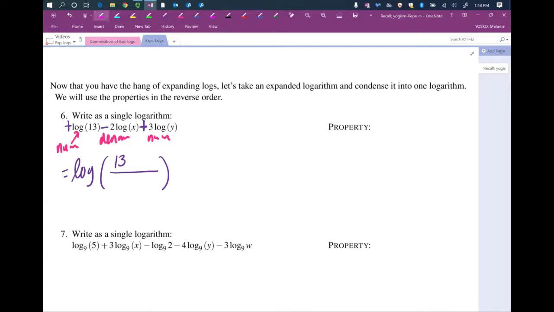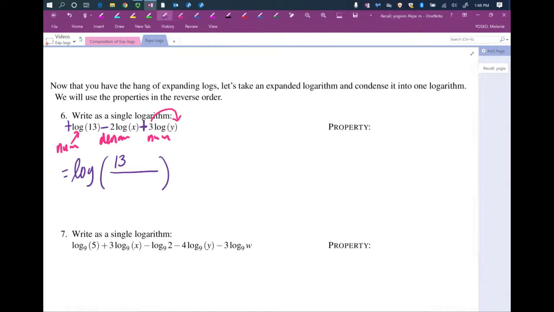Now we did these properties. We're going to do them in the reverse order as well. So let's start with the other one that's positive. Plus 3 log y. So the first thing we're going to do is move the power back to the operand. So 3 log y is the same as log y cubed.